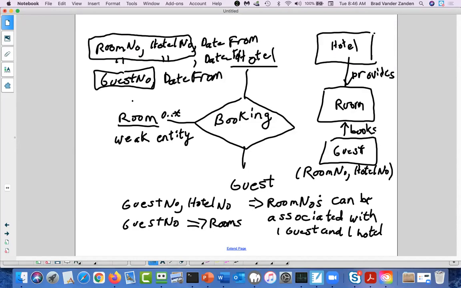If putting them all together had given you a unique key, it would have told you there was a one-to-one. It would have told you something about the multiplicity of the relationship. It wouldn't have told you anything about the fact that there was this strong versus weak entity portion to it.